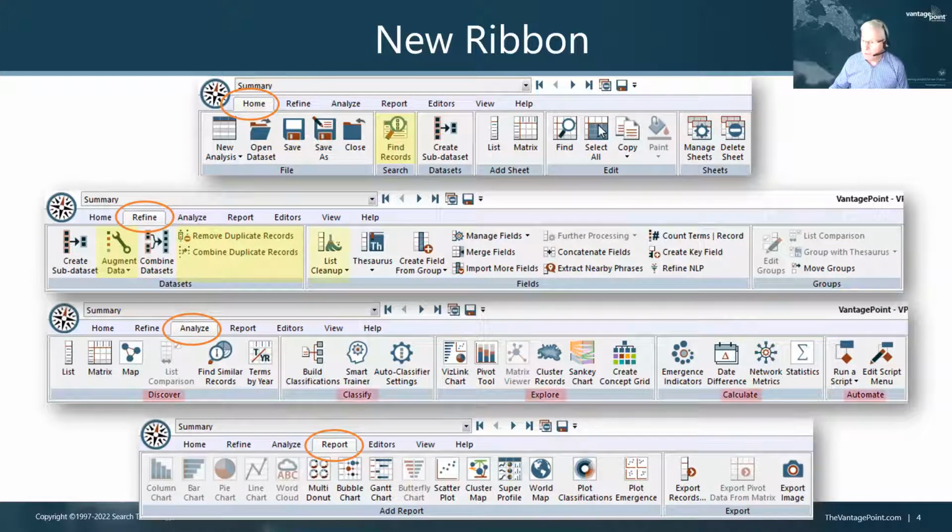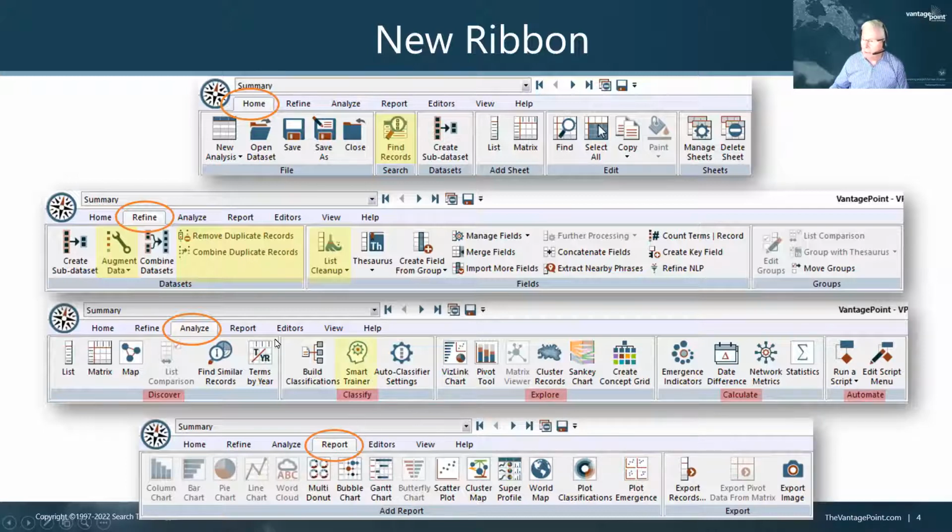The big change has been to the analyze ribbon. We've grouped based on this concept of discovering information using the tools within the discover area, and classifying information. We've brought out the characteristics of our auto classifier and the smart trainer. We've added some analysis capabilities with regard to exploring in the area of clustering records and so on, and then calculating our network metrics and our automation capabilities.